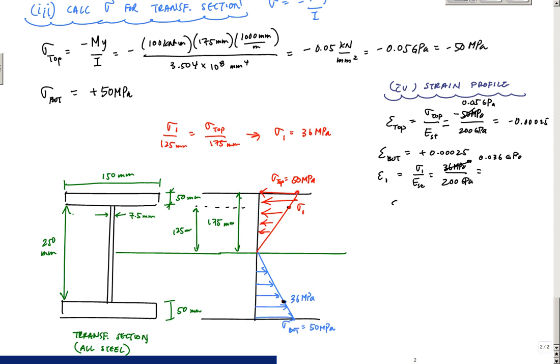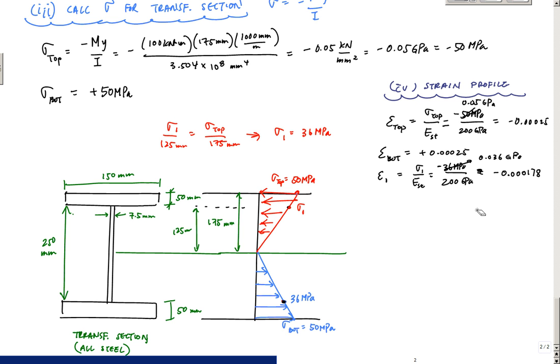This whole strain, epsilon 1, is negative at this point, negative 0.000178 strain, indicating, again, compression. And don't forget, the stress was compressive, so that's why I had the negative there.